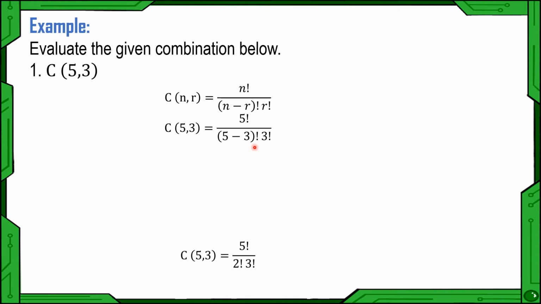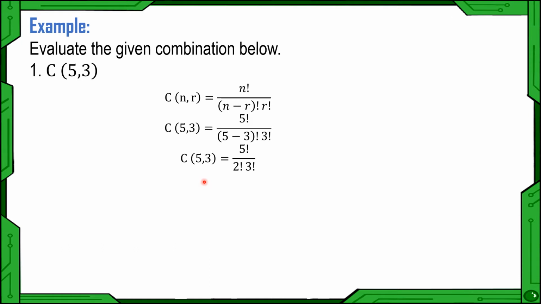So the first thing that you have to simplify is the denominator. So 5 minus 3 will become 2 factorial. So we can now have 5 factorial over 2 factorial and then just copy 3 factorial.